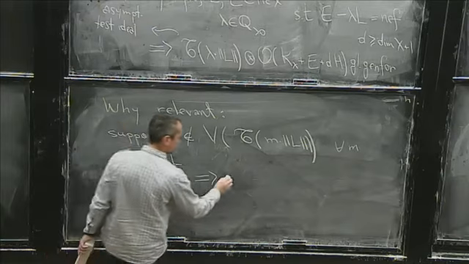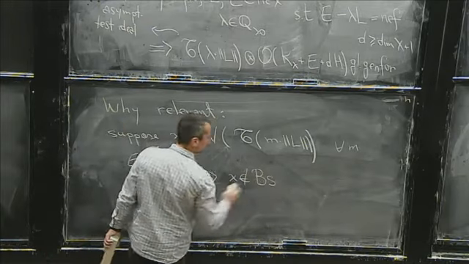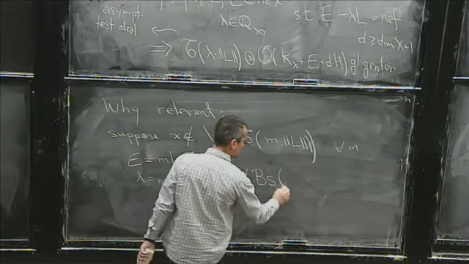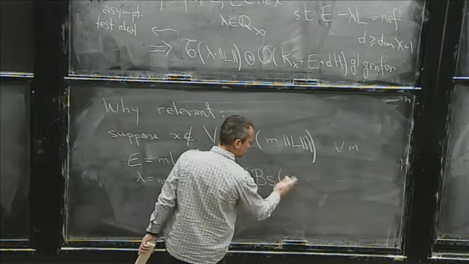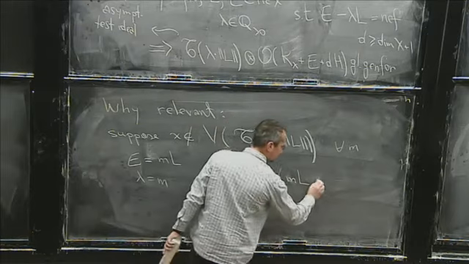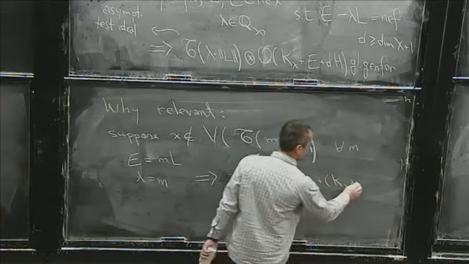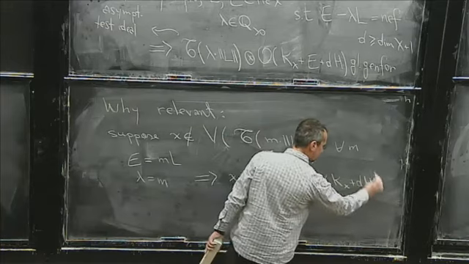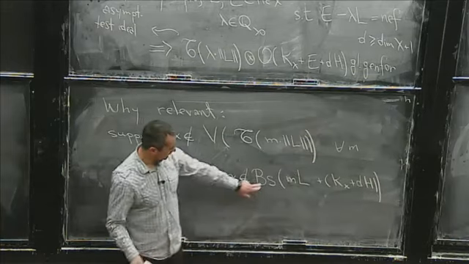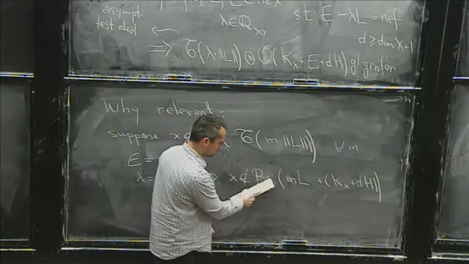So what I get is that X does not lie in the base locus of what? So what do I get here? I have L to the M. Again, I'm writing it additively, so it's ML plus some fixed part that's Kx plus this D times H. But D is fixed, right? So basically what I'm saying is that X does not lie in this base locus. So in particular, I can just erase the base locus here.